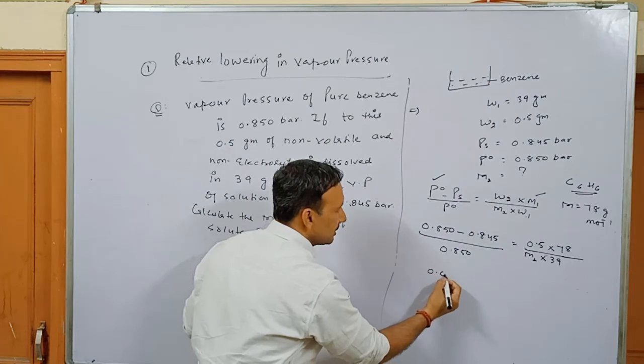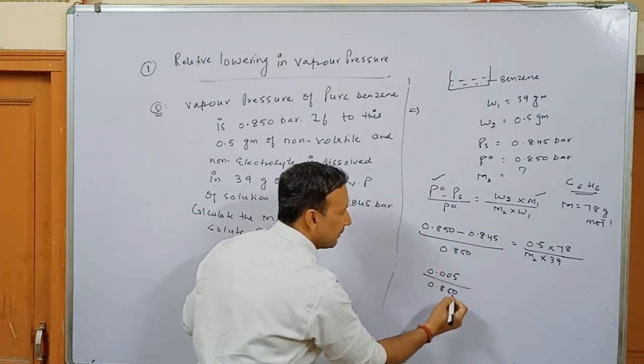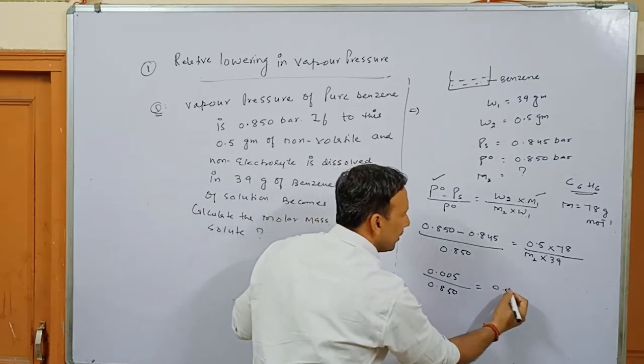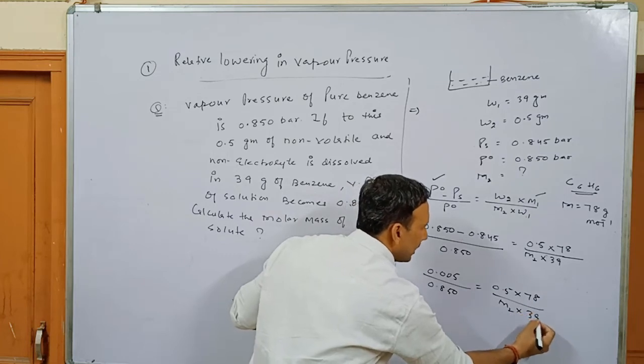So solving this: 0.005 by 0.850 is equal to 0.5 into 78 by M2 into 39.